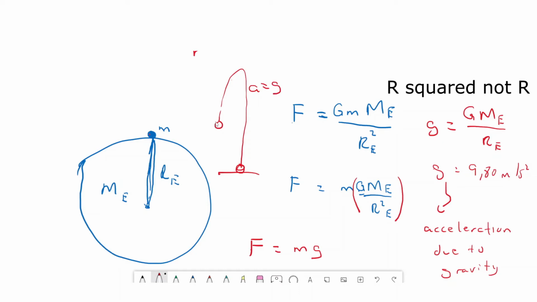We're saying that the only force that was acting on this object was the force that this object feels due to the Earth attracting it. That is why when you jump up, you come down, because as you are jumping up, the Earth is trying to pull you down. So as anything that has mass, the Earth is pulling it down. As long as it has mass, it's going to feel a force of gravity.